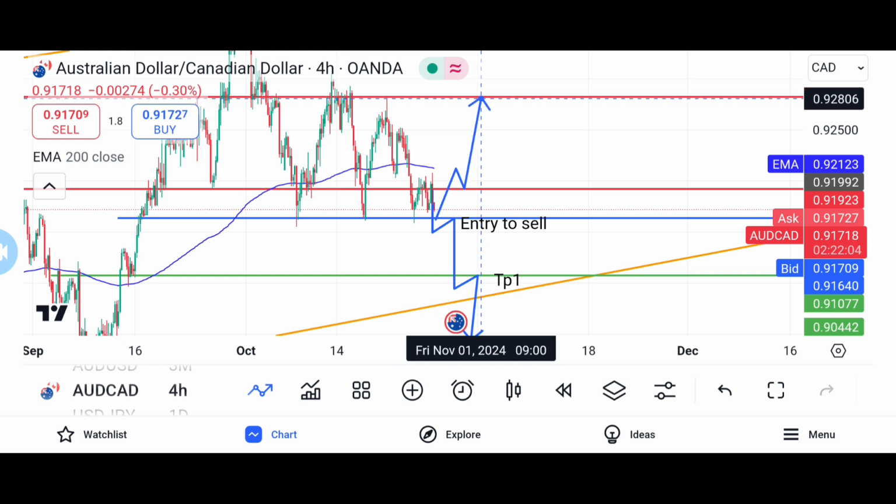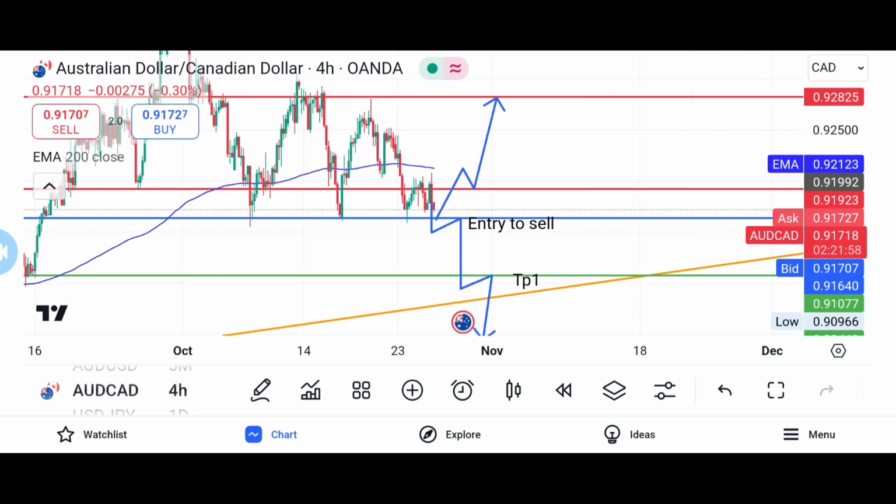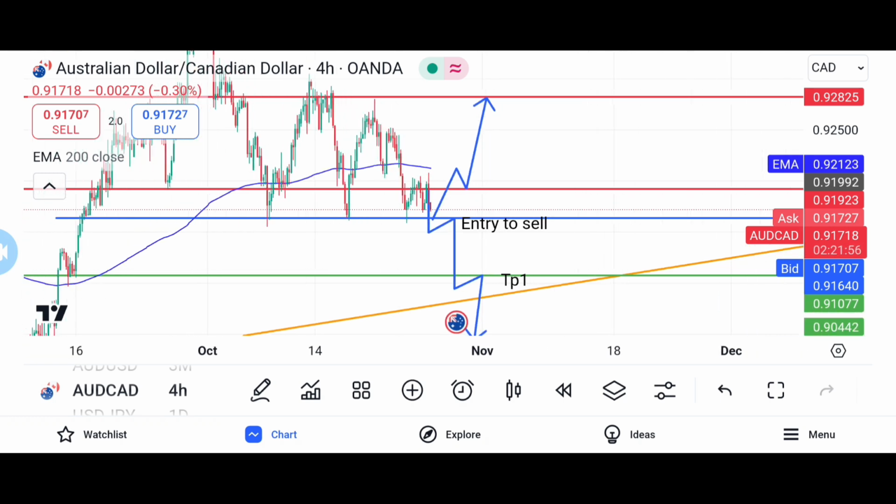Okay, this is our plan B, but I am more bearish than bullish. I am more into sell than to buy.